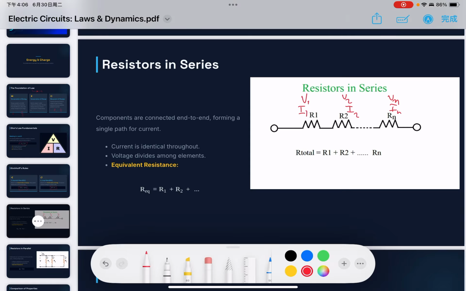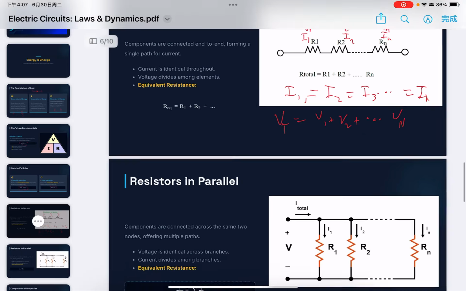The total voltage, Vt, equals all of these added up, V1 plus V2 up to Vn. And the current is always the same inside of these: I1 equals I2 equals I3, all equal to In. So that is basically series.